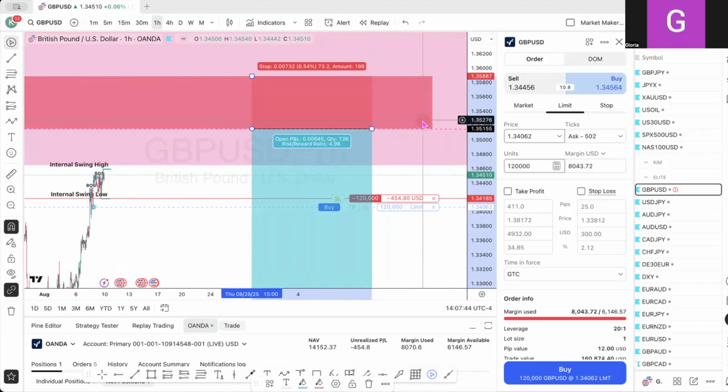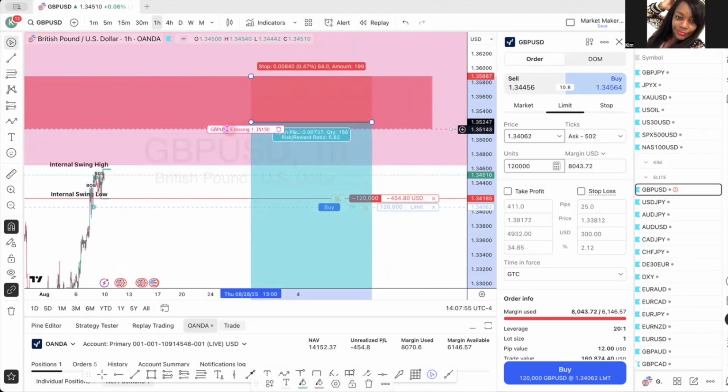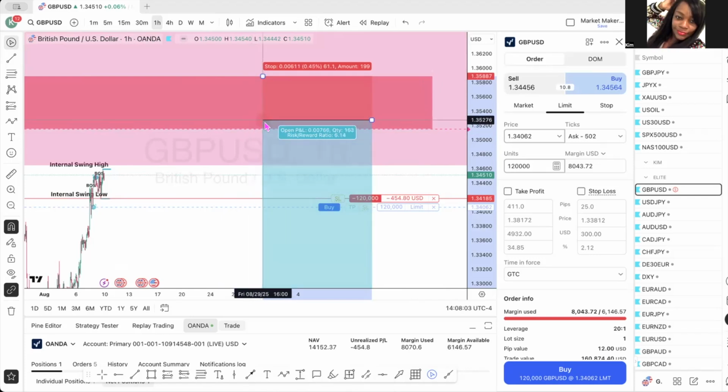Okay, because I did exactly the same, but when I check it, mine is at 1.35. My alert, wait a minute, hold on. I'm going to move this right quick. My alert is at 1.35130. You see that? Okay, yeah, makes sense now. And it doesn't have to be the same, right?